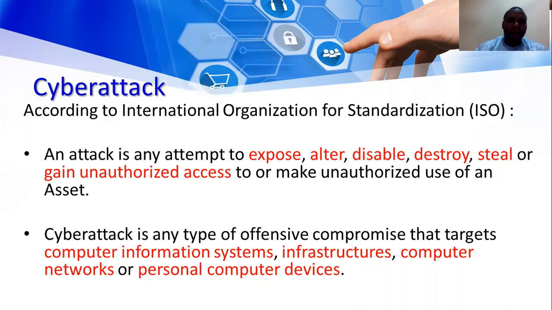So now we're talking about computer information systems, which on their own are also an asset that we are considering here. This kind of asset could be computer infrastructure. It could even be a computer network. Maybe I have it in mind to attack a computer network. Then that is the attacker's goal.